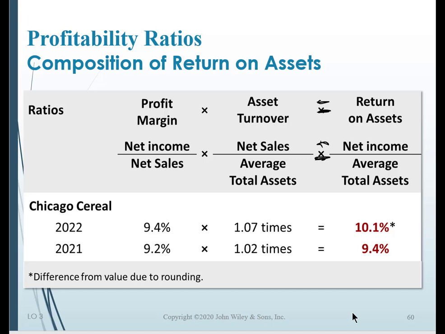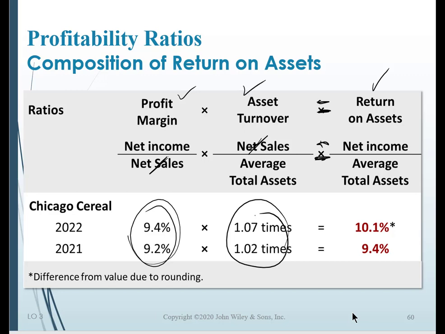If you multiply profit margin times asset turnover, net sales divides out. So now we have net income divided by total assets. That's how we get a better return on the assets that we've purchased. Again, as I mentioned earlier, you need to control better, or you need to be more efficient with the assets that you've purchased. So that's the connection between these two profit ratios and this ratio.